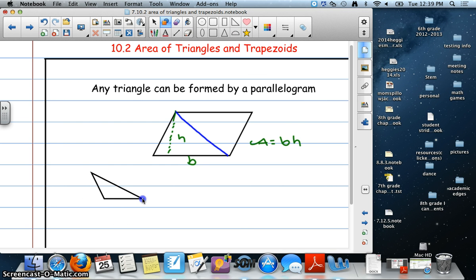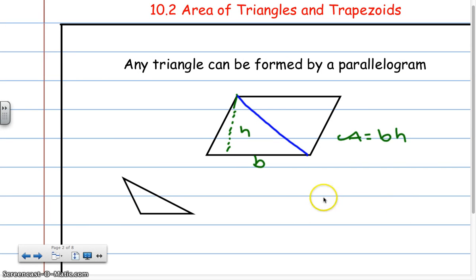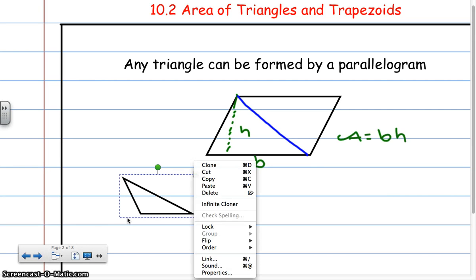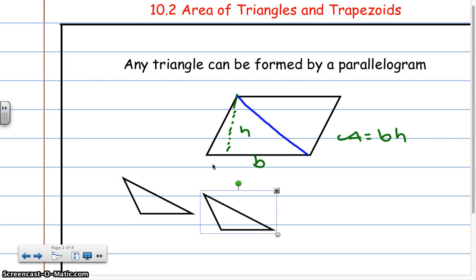If I have this triangle, I can turn this triangle into a parallelogram by cloning it, the joys of having a smart board, and just rotating it a little bit. And if I combine them, it forms a parallelogram.